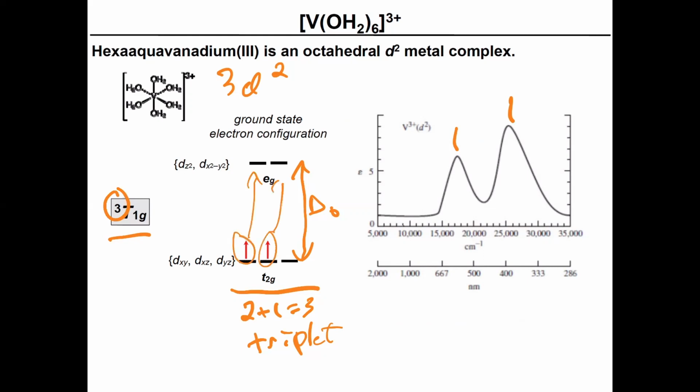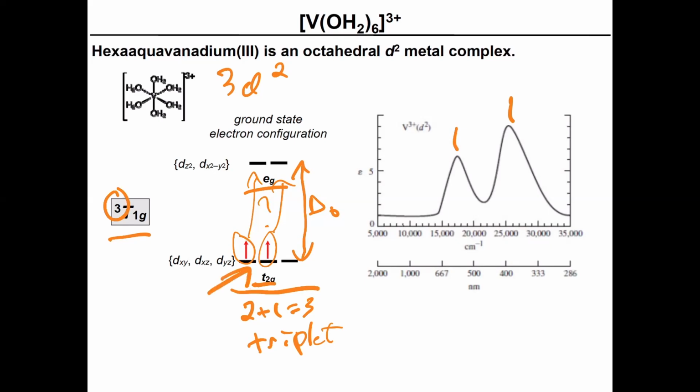Is it this electron going up? Why are the energies different? It's an octahedral compound. It should have the energy levels exactly as they're shown here. And for some unusual reason, you see 2 absorption bands. And the 2 absorption bands result from the fact that there are multi-electron configurations.